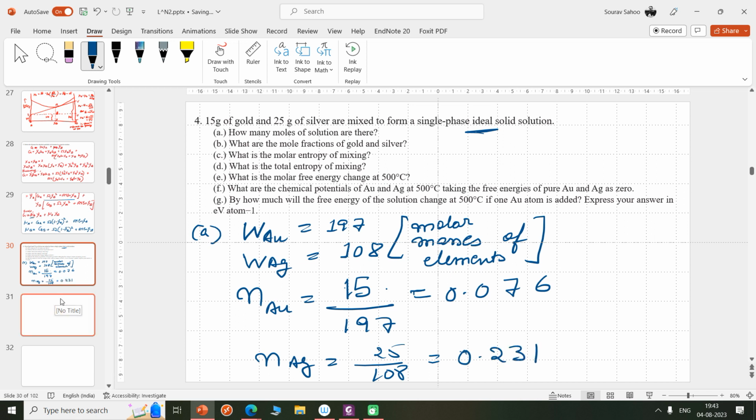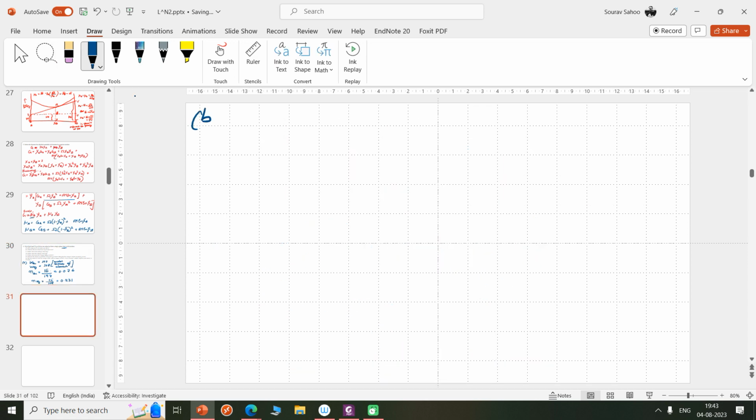So what are the mole fractions of gold and silver? So now we have the moles. So to get the mole fractions, it's pretty easy. We just have to divide the number of moles of gold by the number of moles of gold and silver, right?